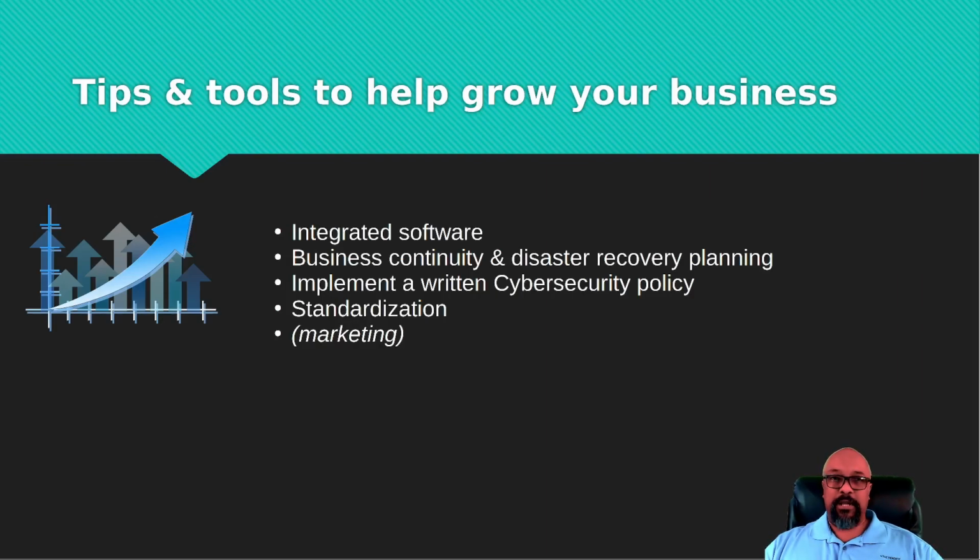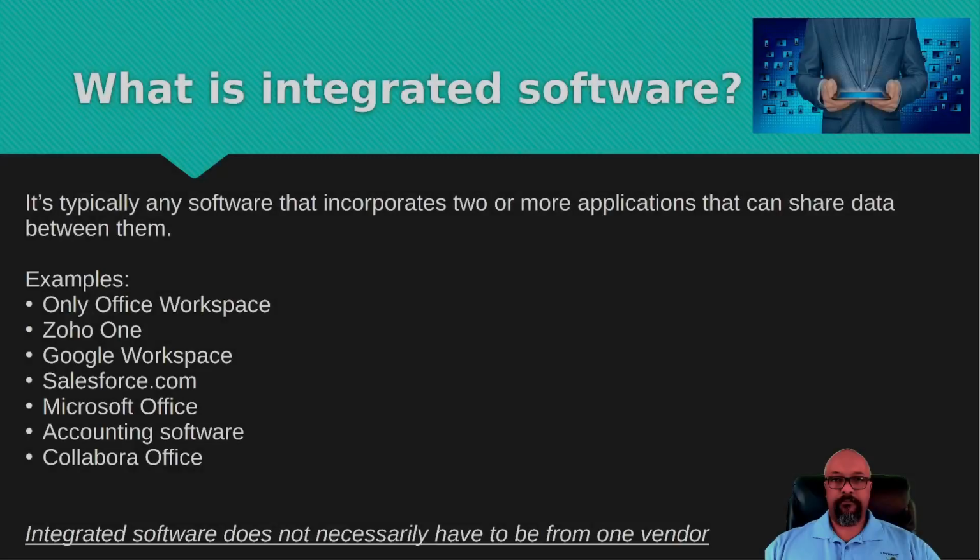So we'll talk about integrated software, business continuity and disaster recovery planning, that's a big one. Implementing a written cybersecurity policy, another big one that a lot of businesses overlook. Standardization, mainly around hardware. And we won't go into marketing, but to me, marketing is a given. You have to market yourself in order for people, potential customers, to even know that you're out there.